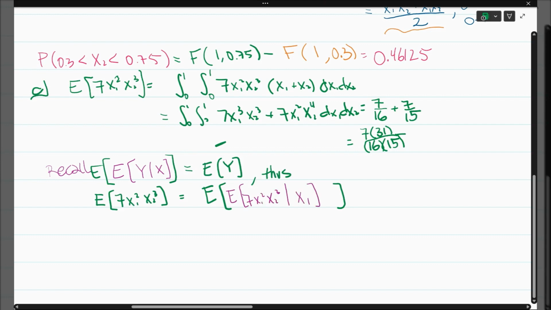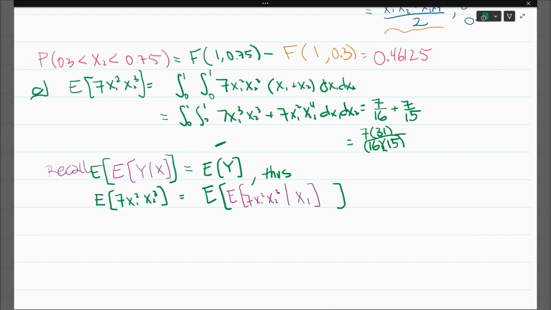I'll just choose x1. Okay, and so that is an expression that we can use to represent this iterated expectation.